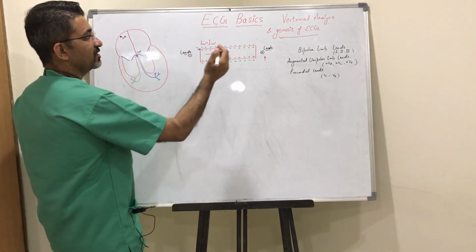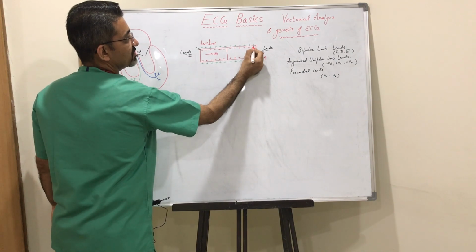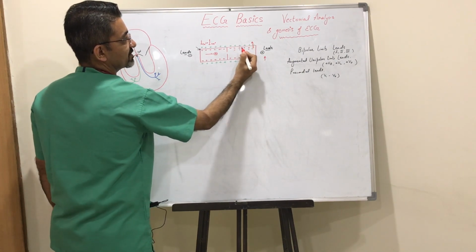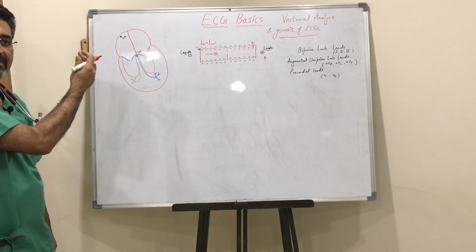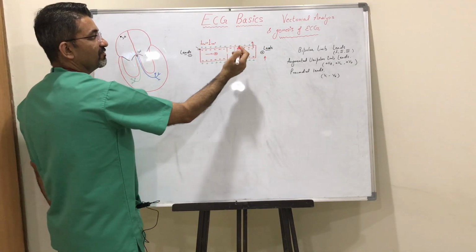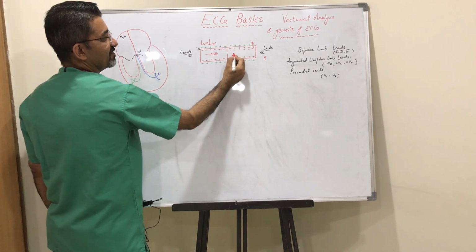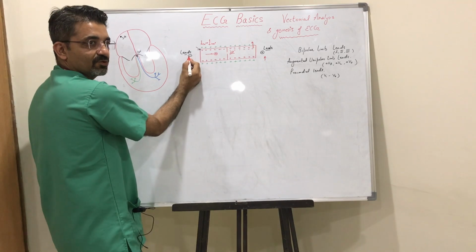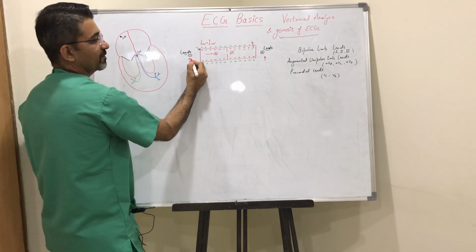So again there will be movement of this positive charge outside, so it will be negative, negative, negative, negative, negative. There will be movement of negative charge. Now again you have to remember this principle: whenever there is a net movement of negative charge towards negative electrode, the deflection is positive.